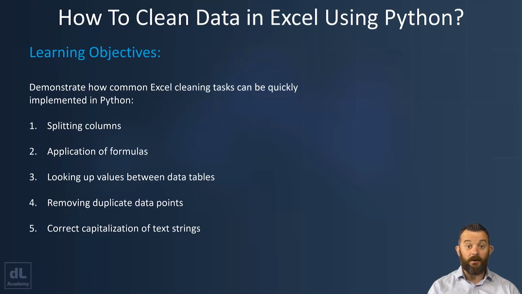We're going to be applying formulas to tables of data. We're going to be looking at lookups similar to the way you'd use a VLOOKUP in Excel. We're going to be looking at how to remove duplicates from data, and we're going to be correcting capitalization issues as well. Now, to do this, we're going to build on the example that we'd previously considered.